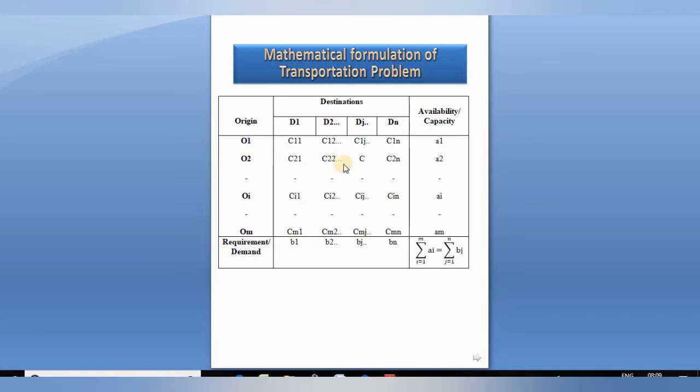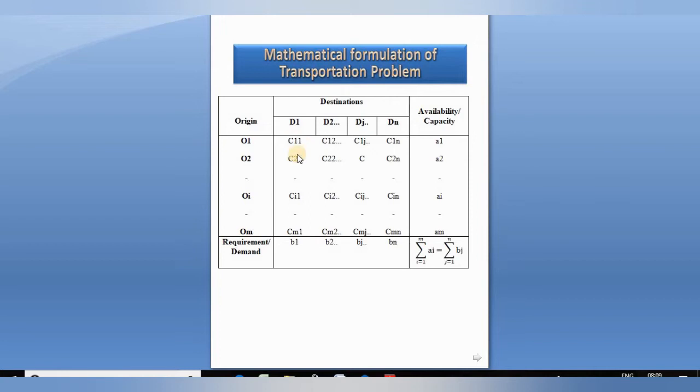And now let's understand what this C is. C11, C12, C1j, C1n, etc. C is cost. In very simple words, it's a cost. Cost of what? Look here, C11. It's the cost of transporting from origin 1 to destination 1.